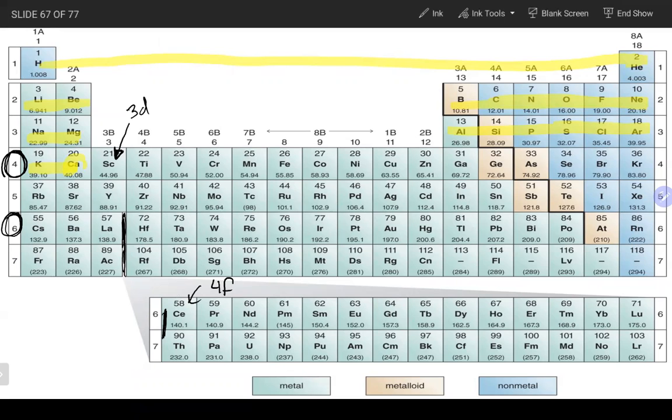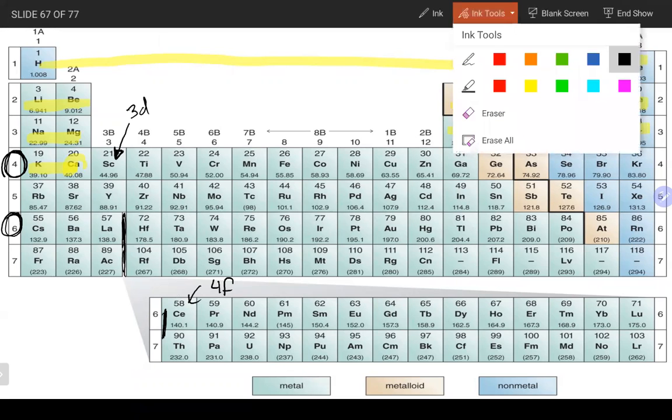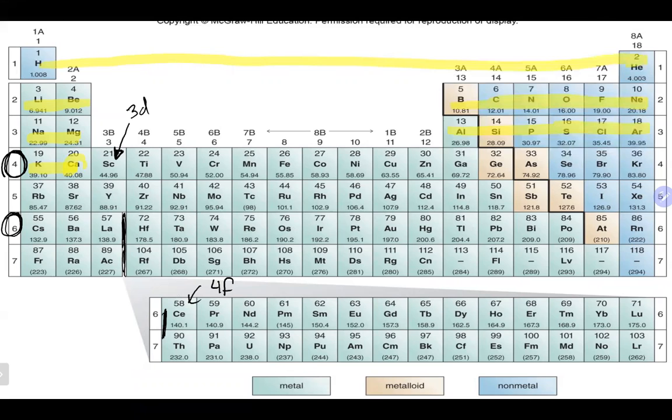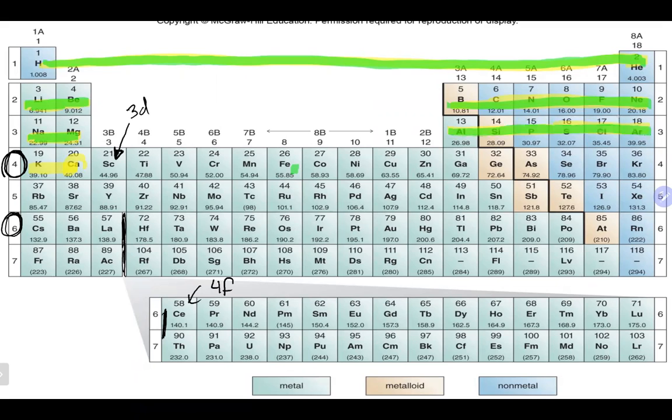You could even do, again, if you're careful, iron, which is right here, and you can count it off again, starting up here, 1s2 to the end, 2s2, 2p6 to the end, 3s2, 3p6 to the end, 4s2, and now if we remember that this is 3D, this would be 3D1, 3D2, 3D3, 3D4, 3D5, and 3D6.